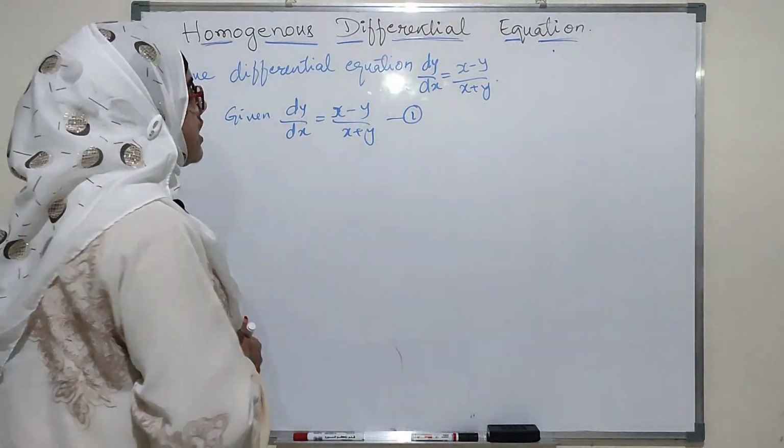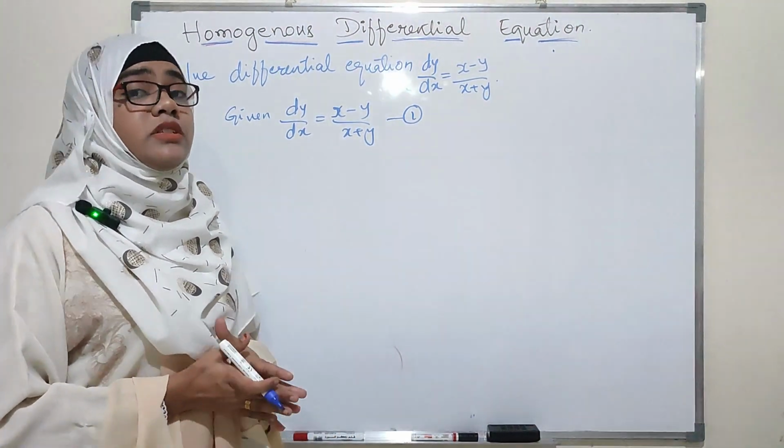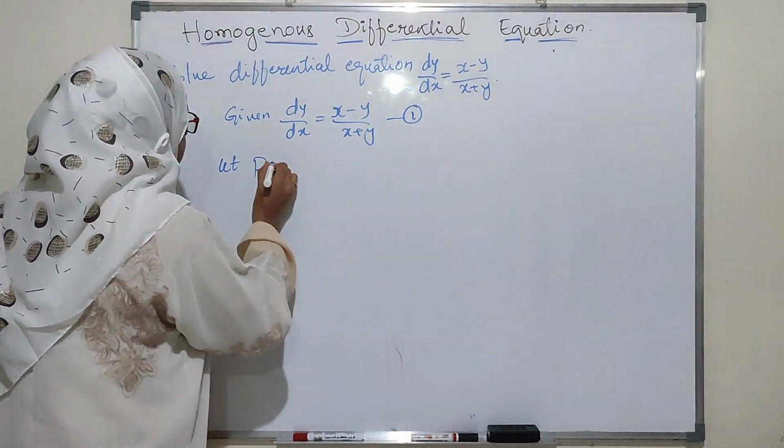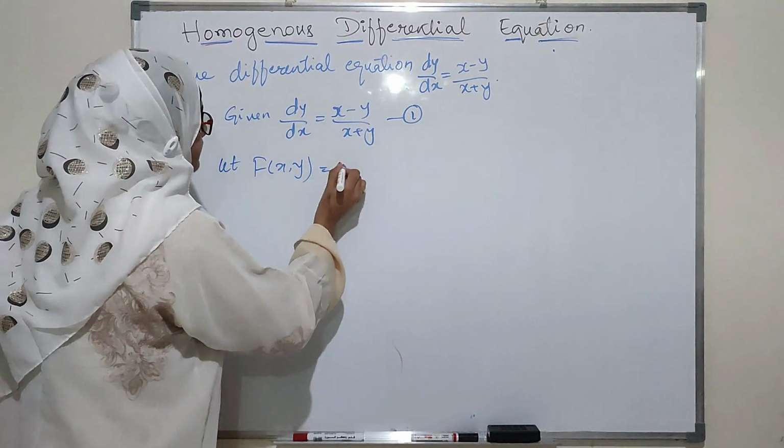But we have another way to check whether the given function is homogeneous or not. Let the given function be f of x comma y.